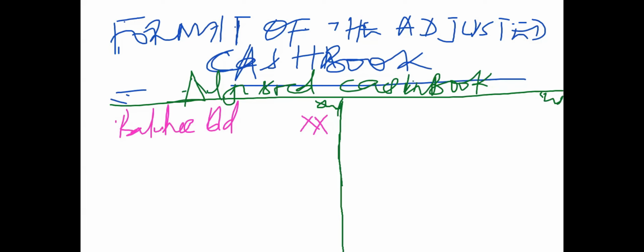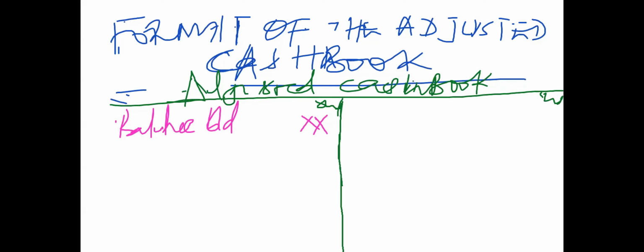So if there was an error in the cash book originally, then you can also correct that same error, because we said errors that are committed in the cash book will always be adjusted from the adjusted cash book.